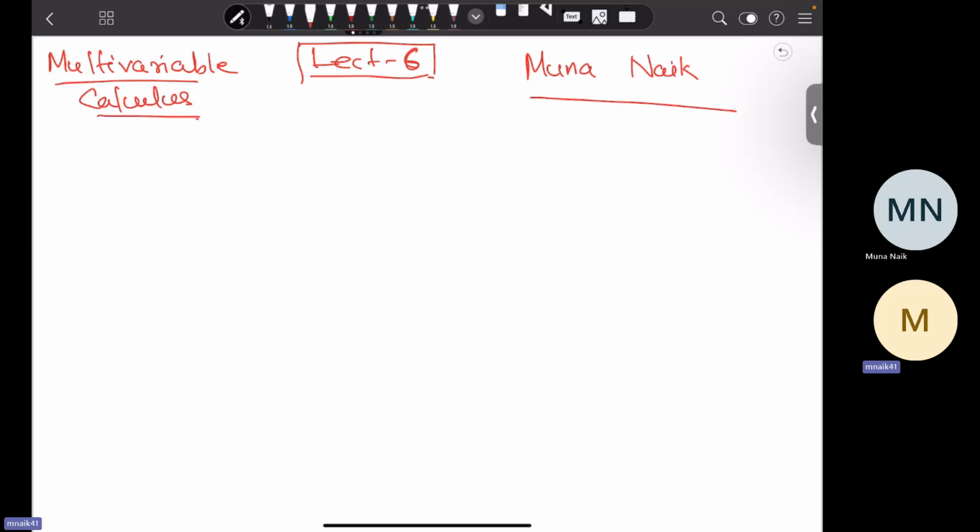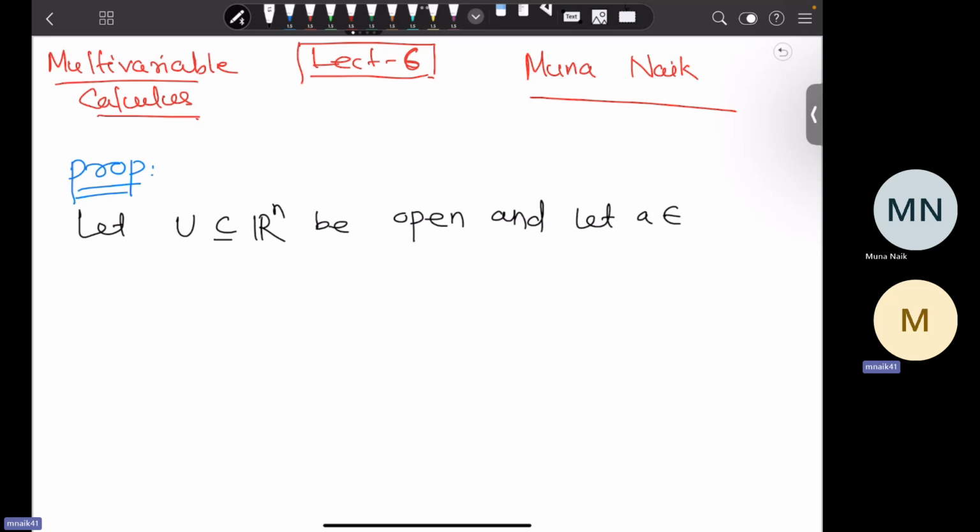We begin with a proposition. Let U, a subset of Rn, be open, and let a belong to U. Let f be a function from U to Rm, and g be a function from U to Rm.